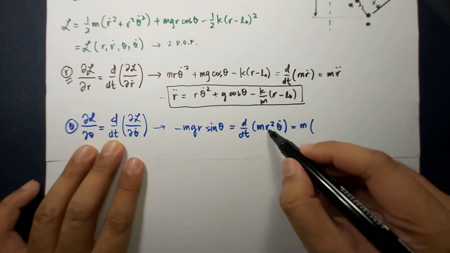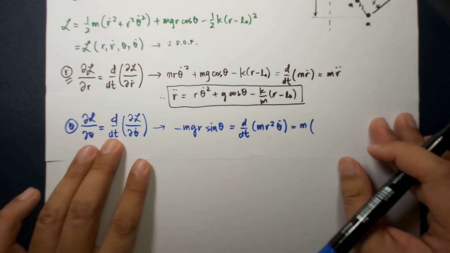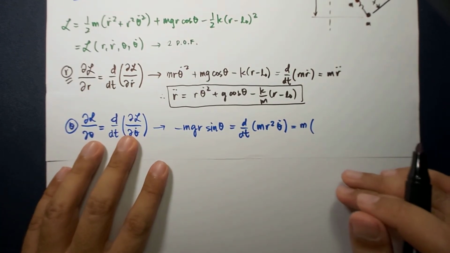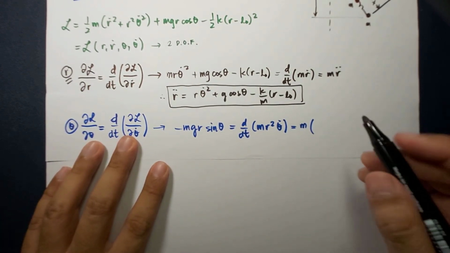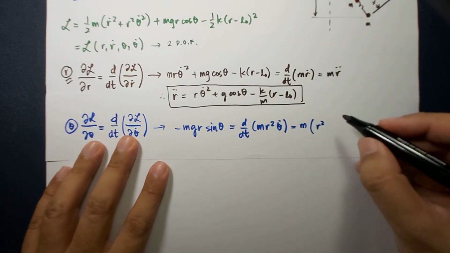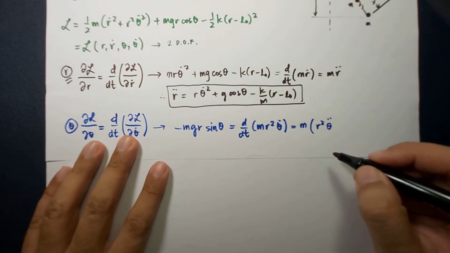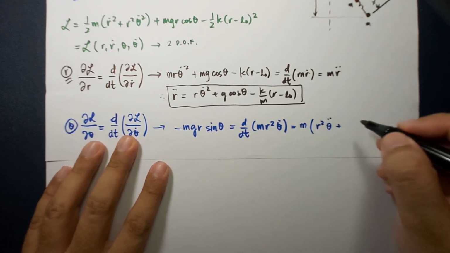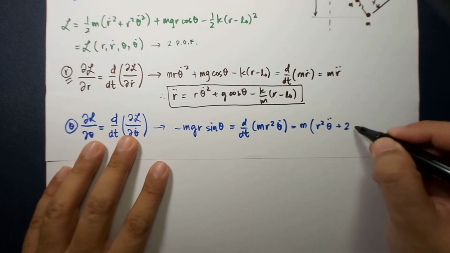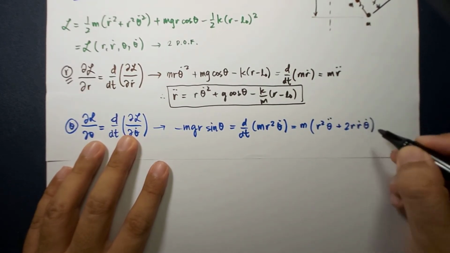Remember that r and theta dot are both functions of time, so we use the product rule, then the chain rule. Okay, so first copy the first, so that's r squared, then the derivative of theta dot with respect to time, so that's theta double dot, then plus 2r r dot theta dot, so that's the chain rule.